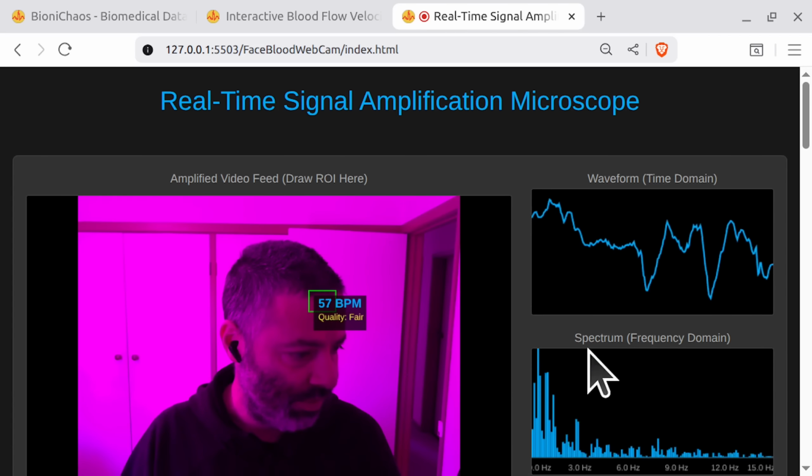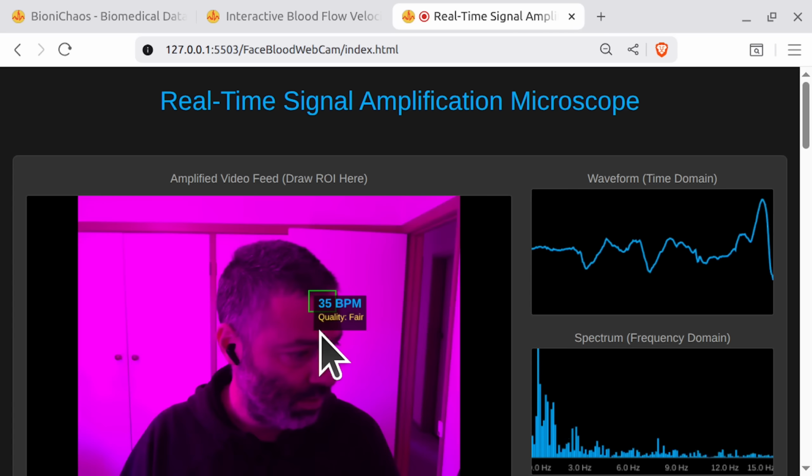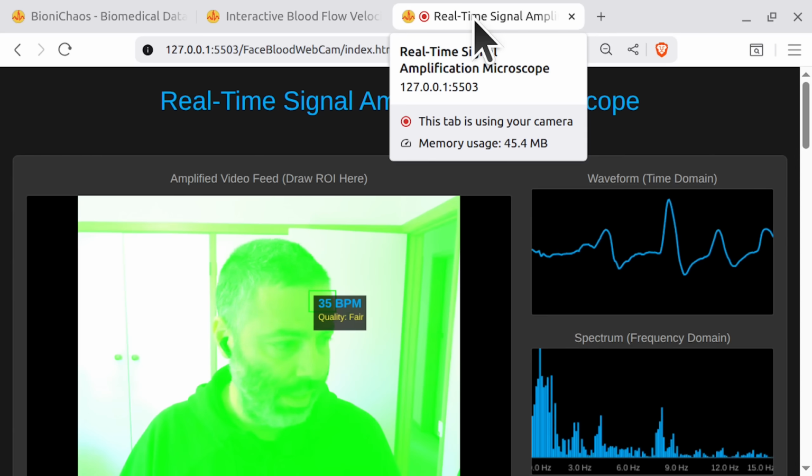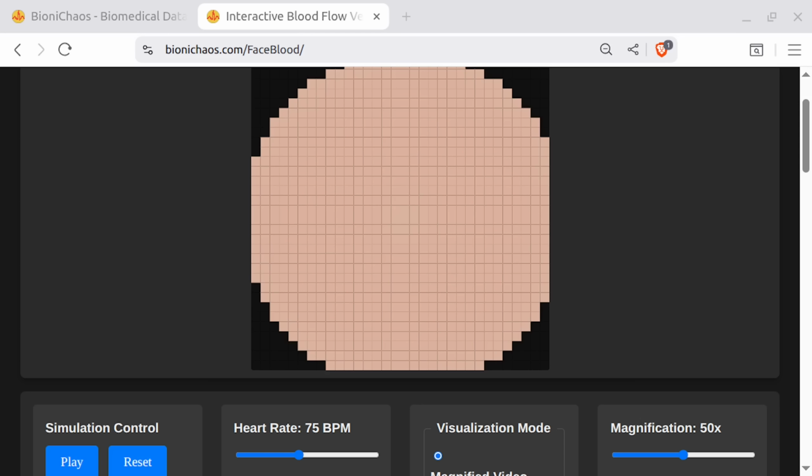You can set your filters and it will extract the beats per minute, which is your heart rate. But first we'll do it step by step, and we'll have an LLM explaining it properly as well.